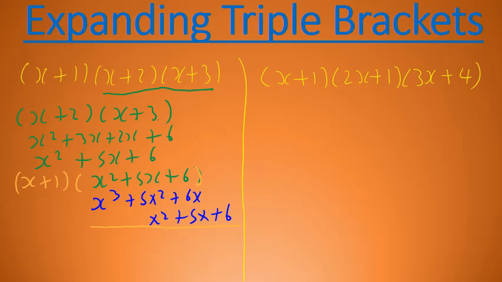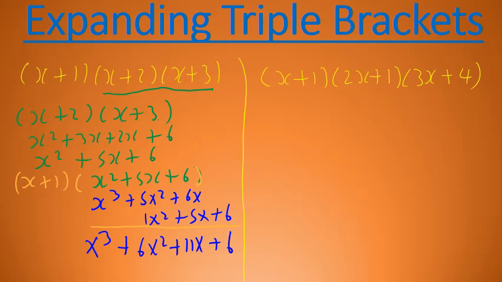It's a bit like doing units, tens and hundreds addition in columns. So you'll start off with the x cubed. Of course there is a 1 there, so that's going to be 6x squared, that's going to be 11x, and that's going to be plus 6. So in a nutshell, that's how you do expanding triple brackets.